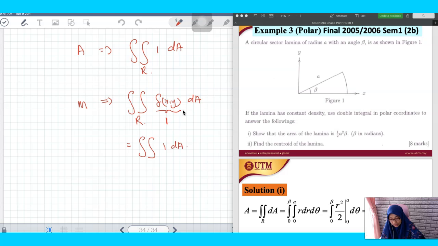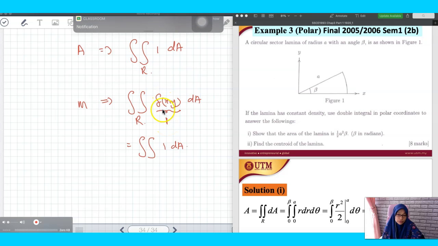So in this case, the area and the mass have the same value, only in this particular case where the density is equal to 1. If your density is 2 or 3, you cannot say that the area is the same as the mass.